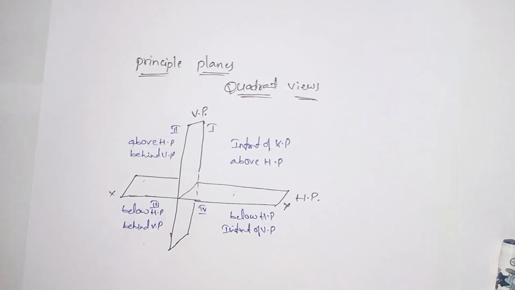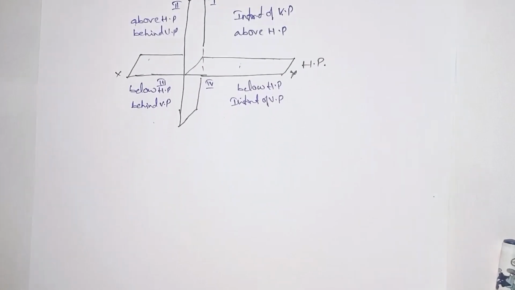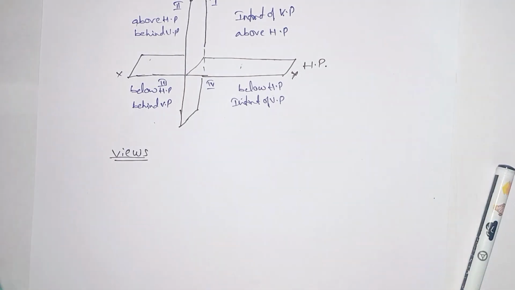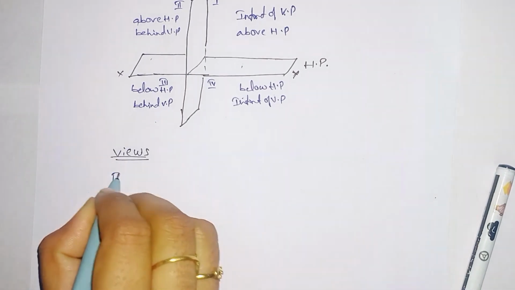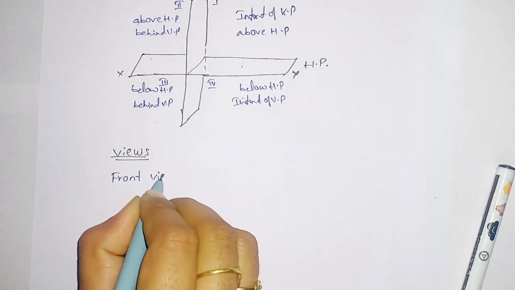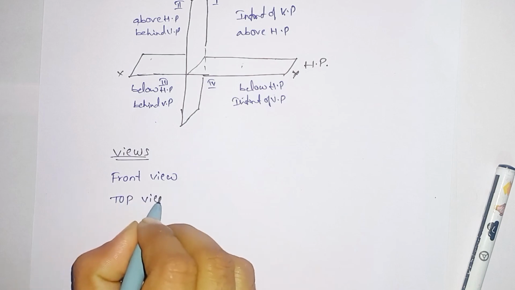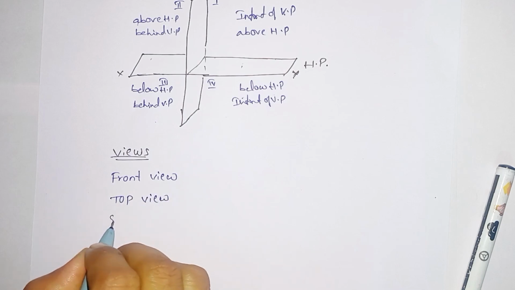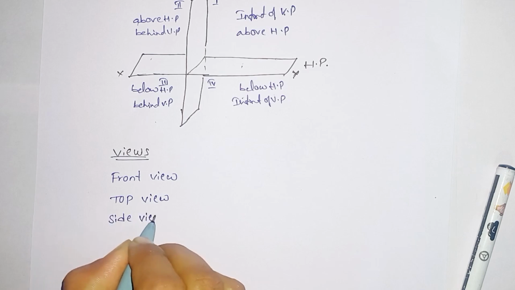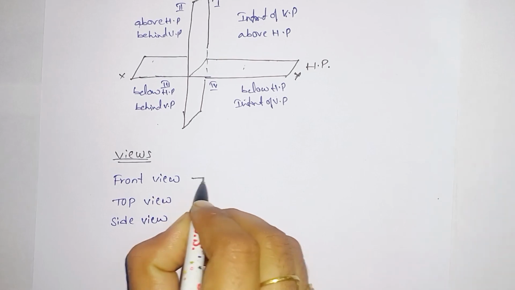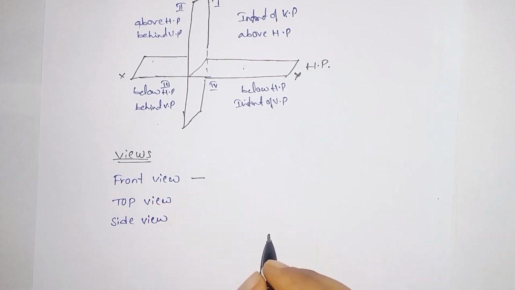Views are different, and there are three types of views: front view, top view and side view. The front view represents only VP.